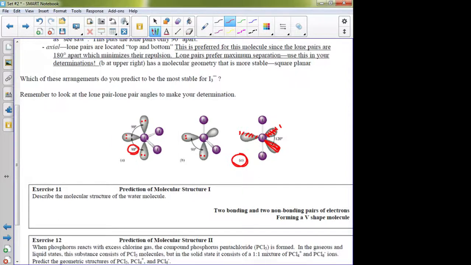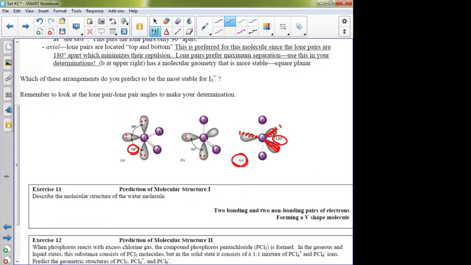That means all of these lone pairs are how far apart? 120. The most stable arrangement is going to get my lone pairs the furthest apart, right? Because remember, we're trying to minimize what? Electron-electron repulsion. Okay. Does that make sense? Do we see that?